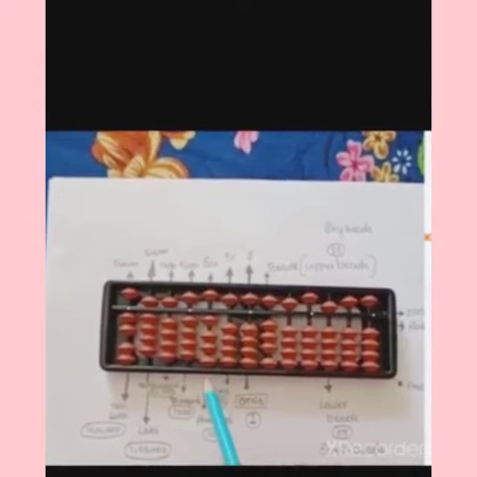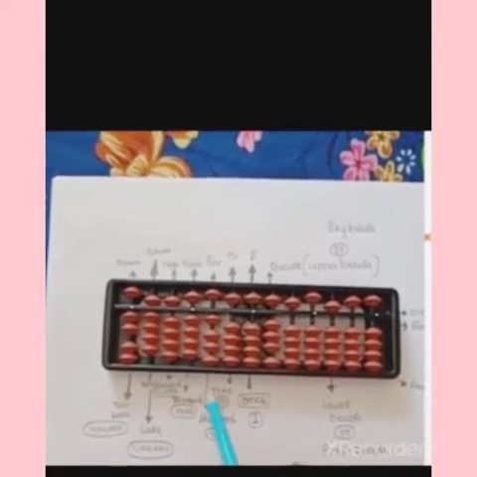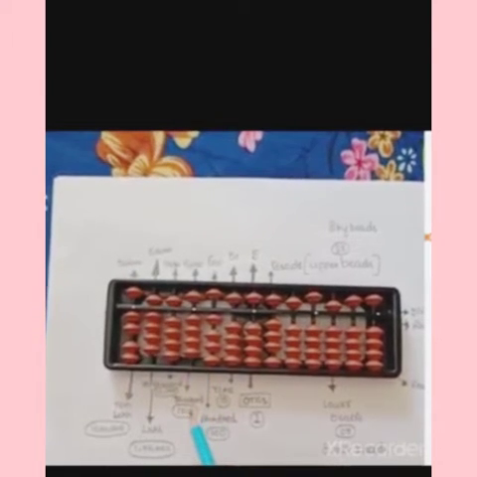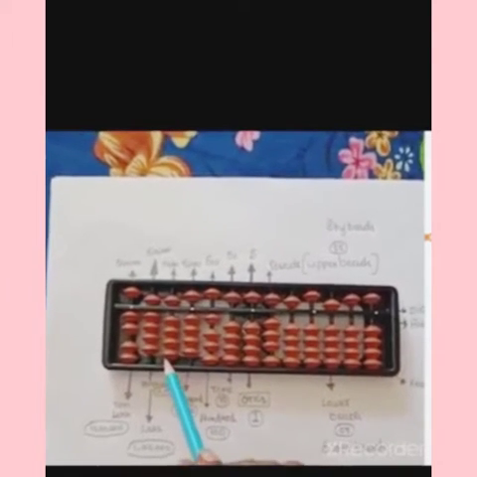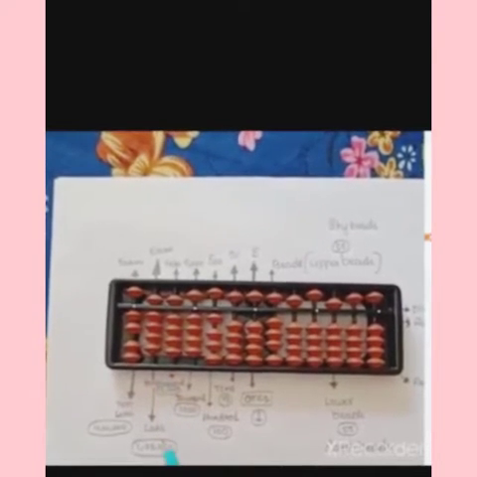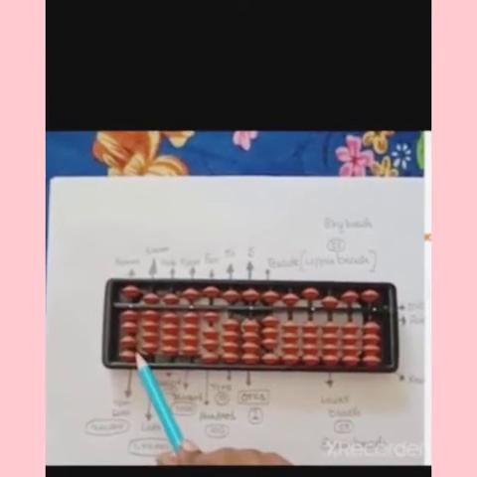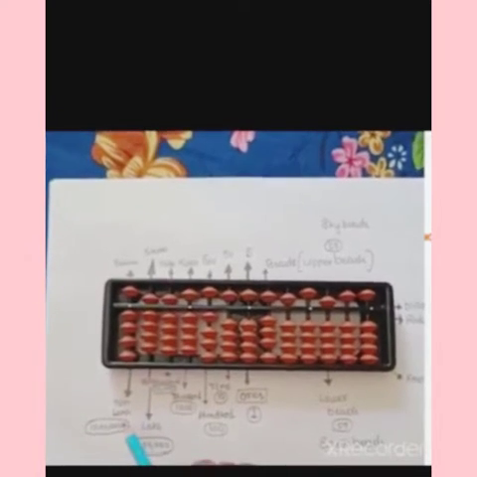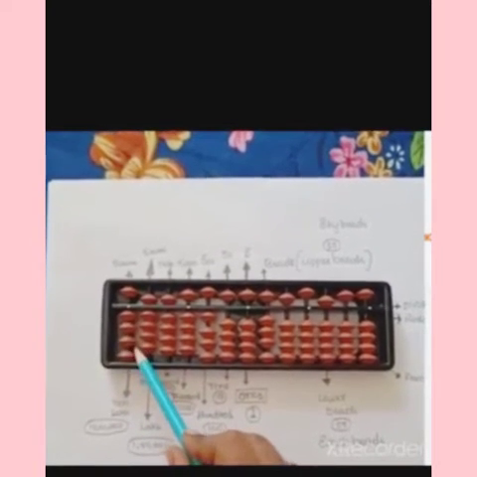Later the third rod is called the hundreds place, and the fourth rod is called the thousands. The fifth rod is called 10,000, the sixth rod is called lakh, and this final rod is called 10 lakh. Up to this number we can calculate here.